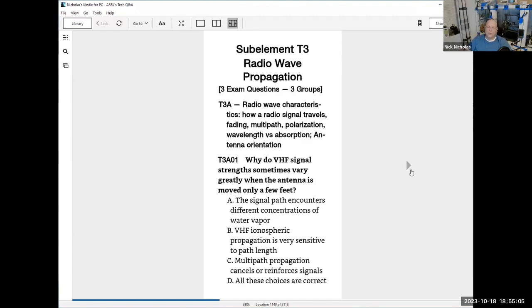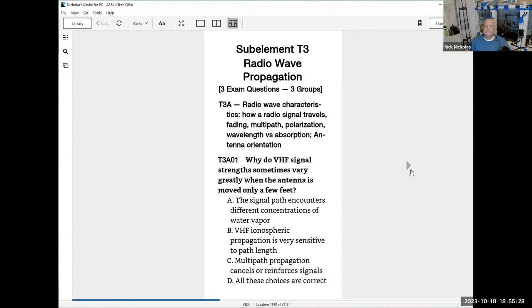All right, we're going to move on to radio wave propagation. This is section 3. T3A1. Why do VHF signal strengths sometimes vary greatly when an antenna is only moved a few feet?